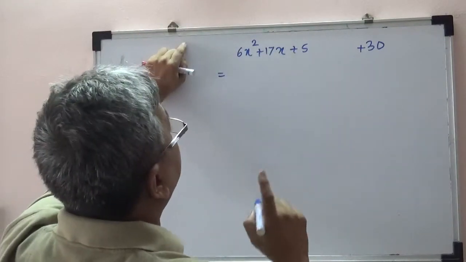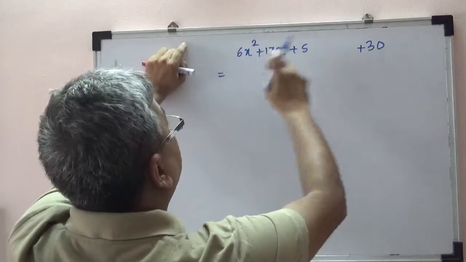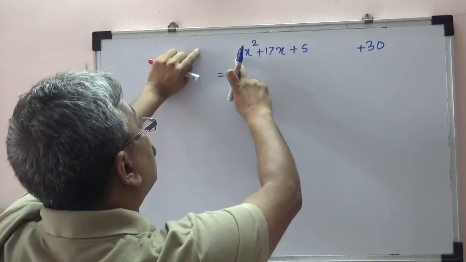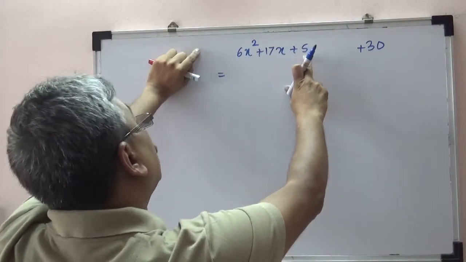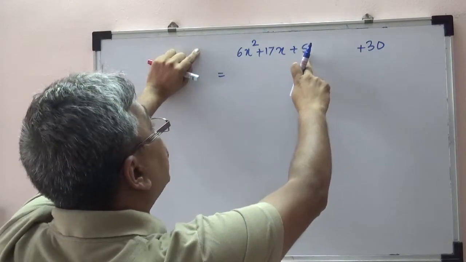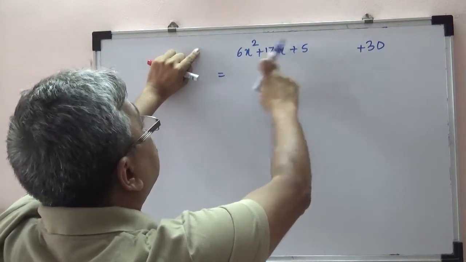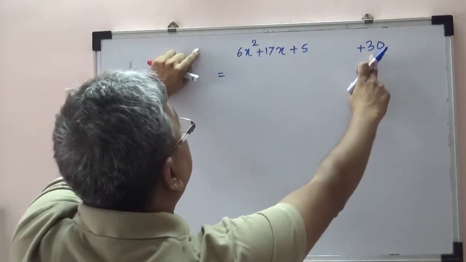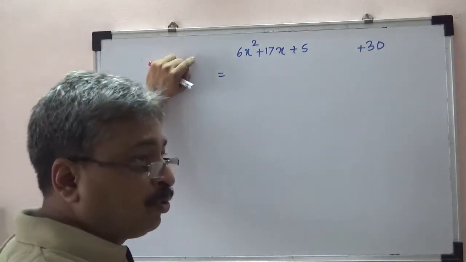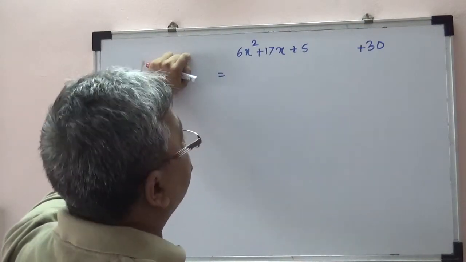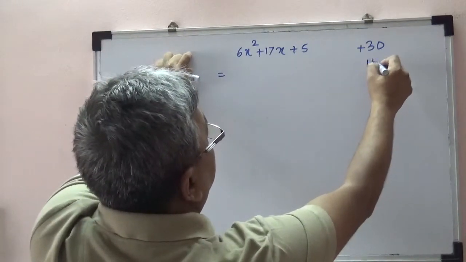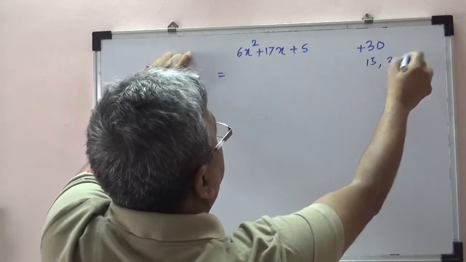This technique we did in the last lecture. Normally when the coefficient was 1, 1 into the constant is the same constant; earlier examples we solved like that. But if the coefficient is not 1, then we consider the product of these two, which is 30 in this case, and we search for two factors of 30 which add up to 17, and we get 15 and 2.